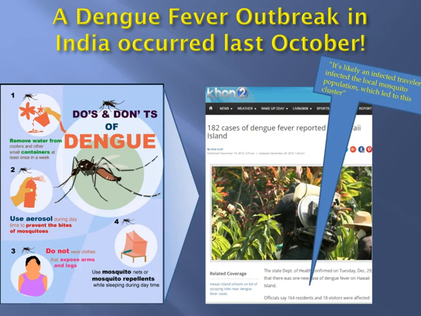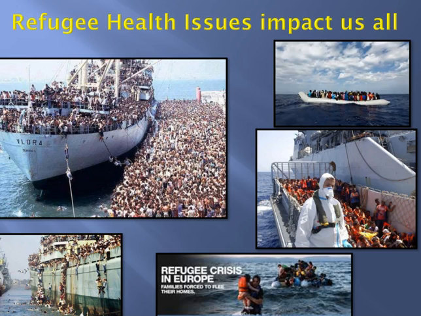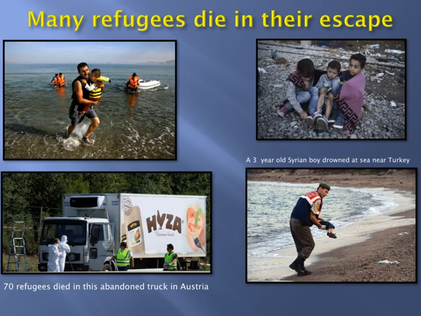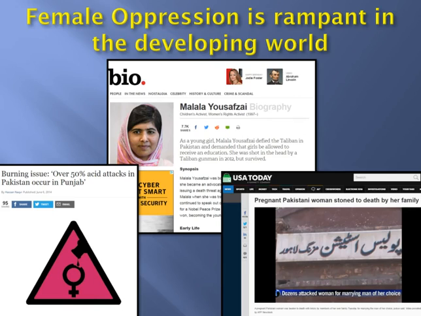It's very, very easy for this to occur. Refugee health issues, as we're all aware, we've had the largest resurgence of refugees since World War II. They're issues that impact the entire globe. Many refugees actually end up dying in their escape. They never make it to freedom, as we've all experienced and read in the news.